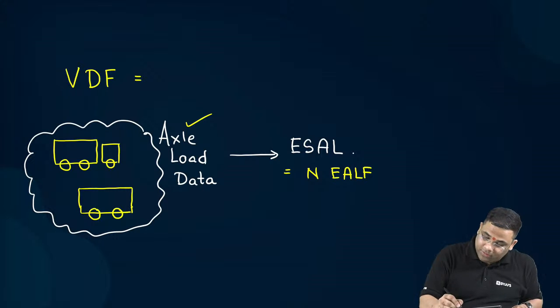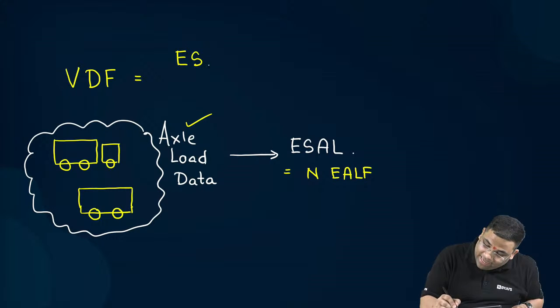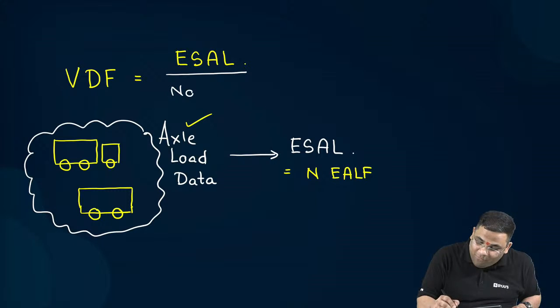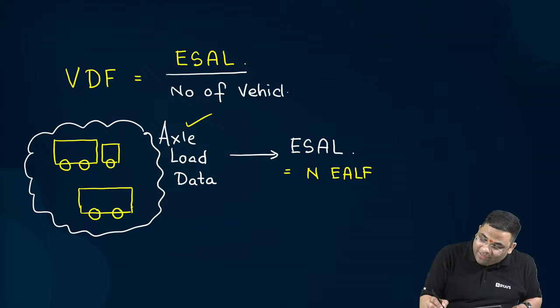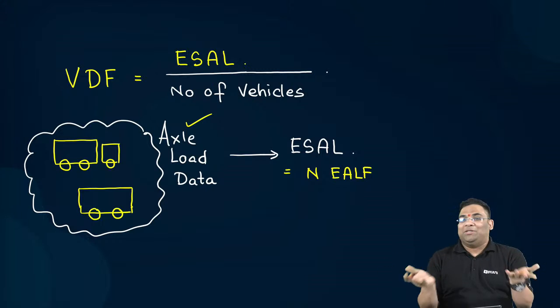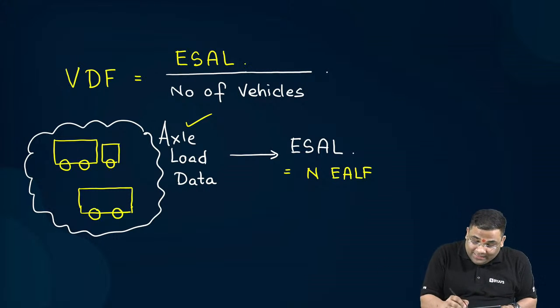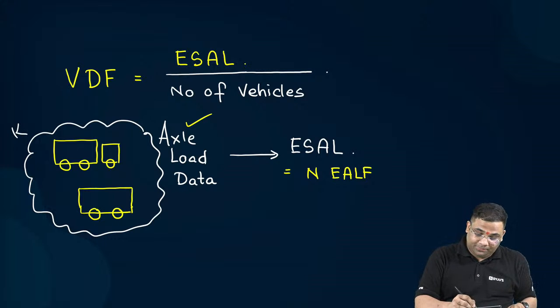Then just divide that by the number of vehicles. If you divide by the number of vehicles, you get your vehicle damage factor. Suppose this is K vehicles.